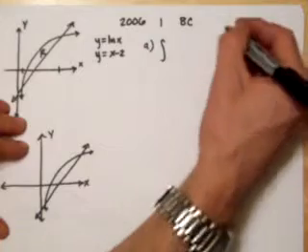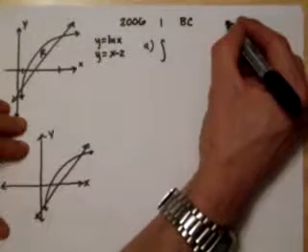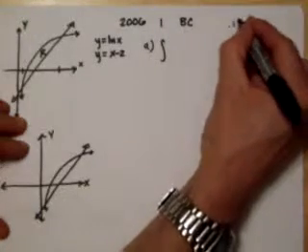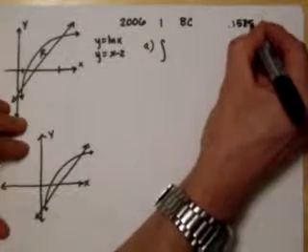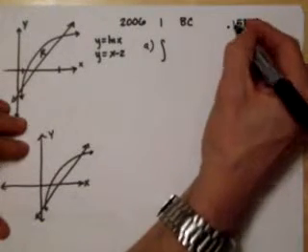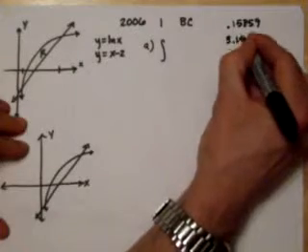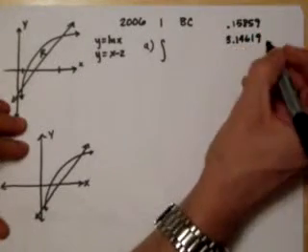The two values we get are 0.15859 and 3.14619.